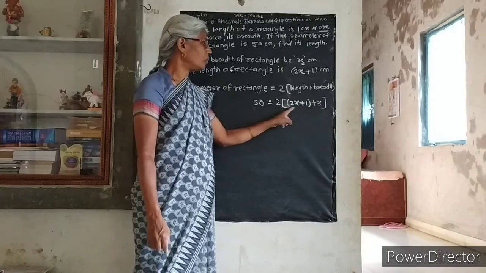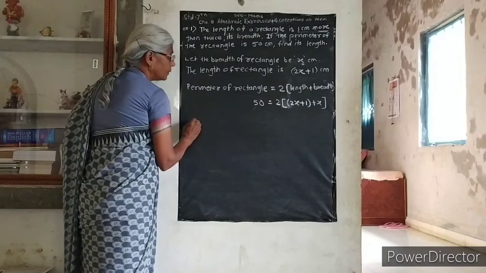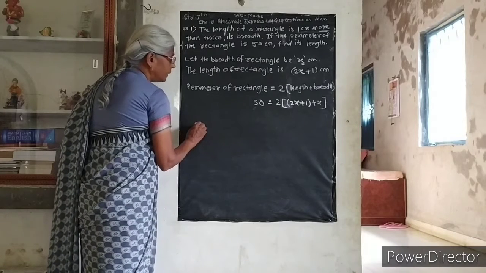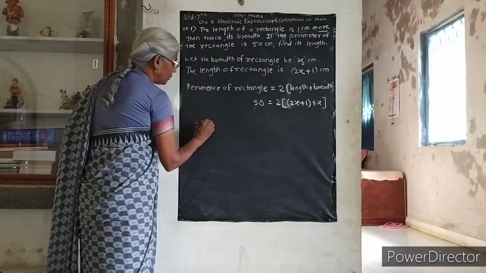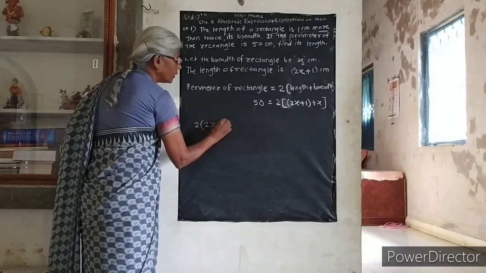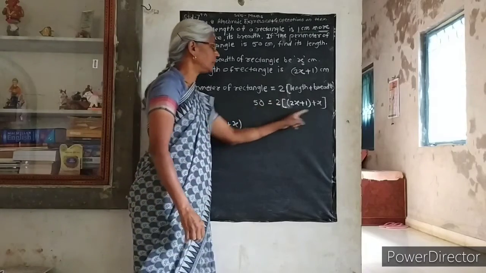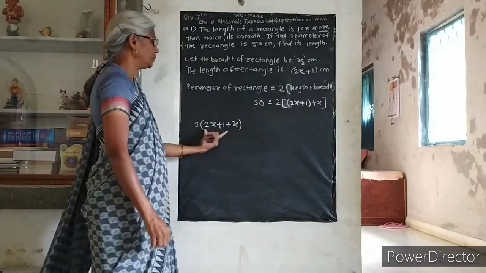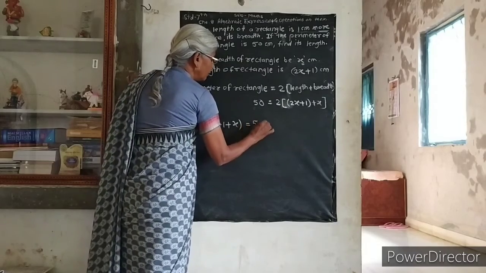Then we solve that equation by interchanging the sides: 2 into bracket 2x plus 1 plus x. We remove the square bracket and write round bracket, is equal to 50.